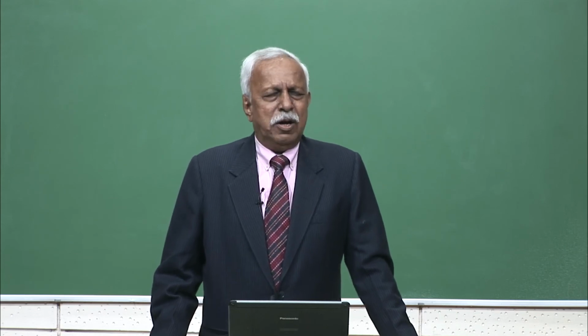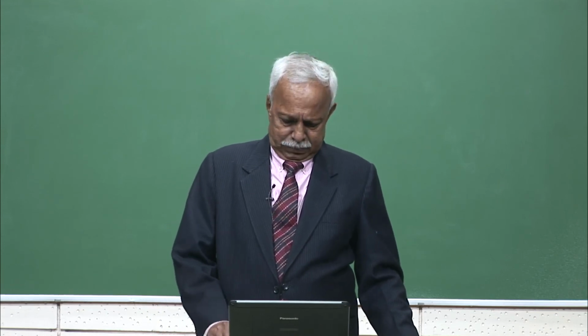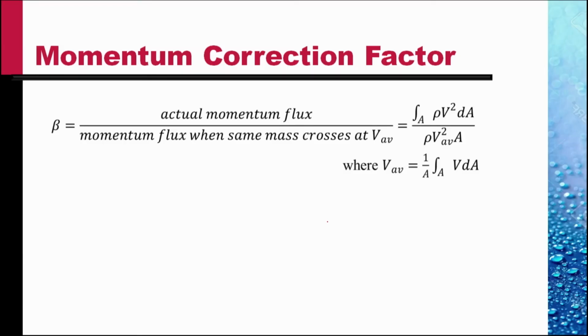We can still work with the one-dimensional assumption, but with a momentum correction factor. We define a momentum correction factor beta, just like we defined an energy correction factor gamma when we were dealing with the energy equation. So we define beta is equal to actual momentum flux divided by momentum flux when the same mass crosses at the average velocity, which we have been doing so far.